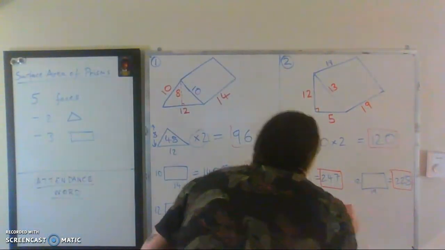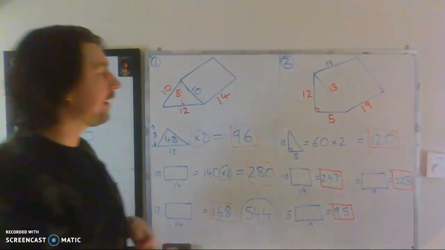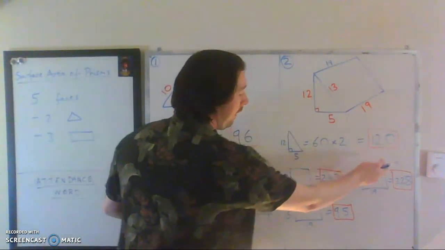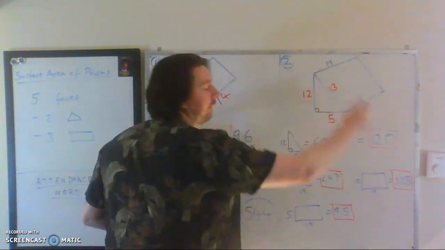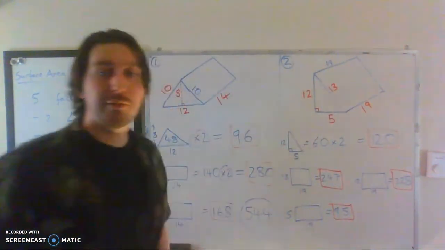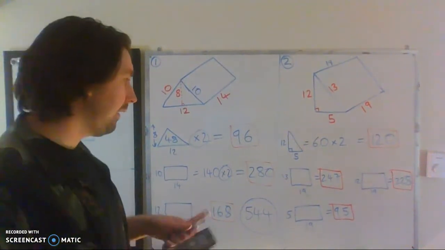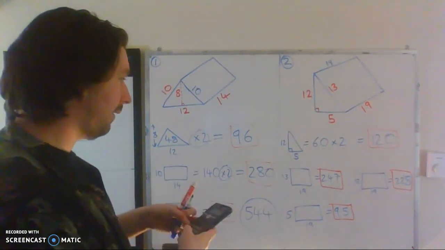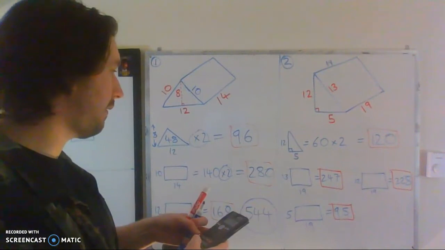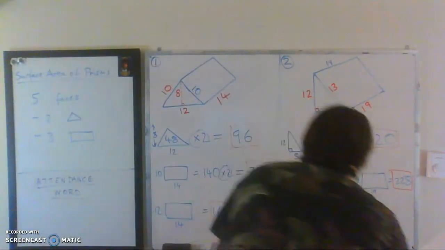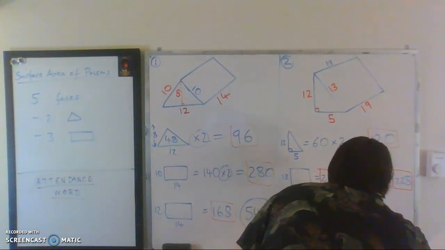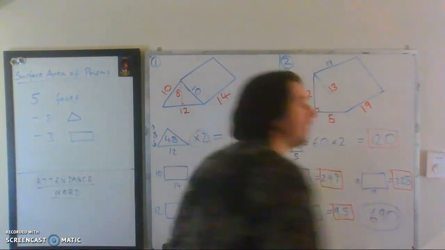So the numbers I'm going to add together to get my final surface area: two triangles, the side we can see, the side on the back, and the side underneath. That's all of them put together. 95 plus 228 plus 247 plus 120 is 690. My final answer is 690.